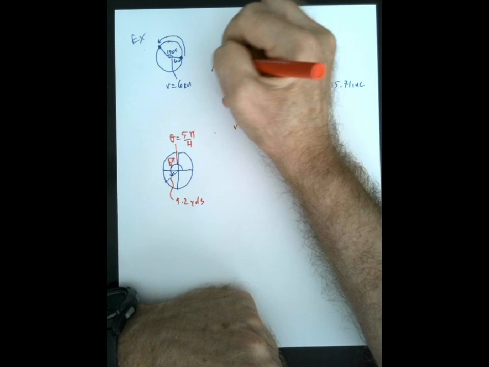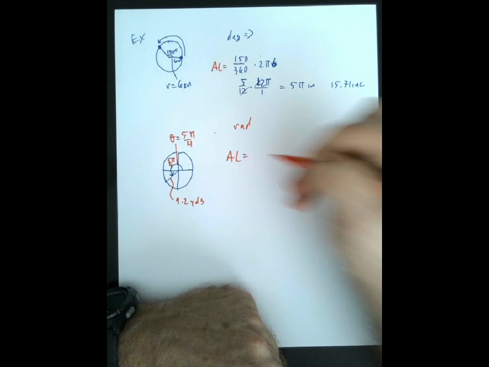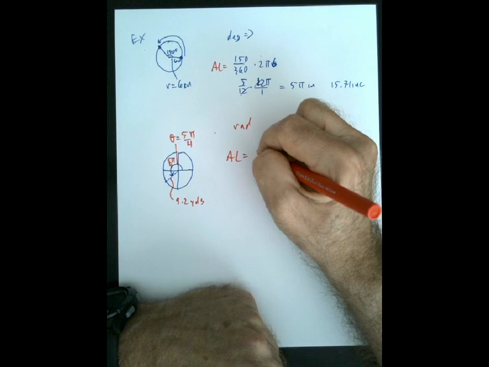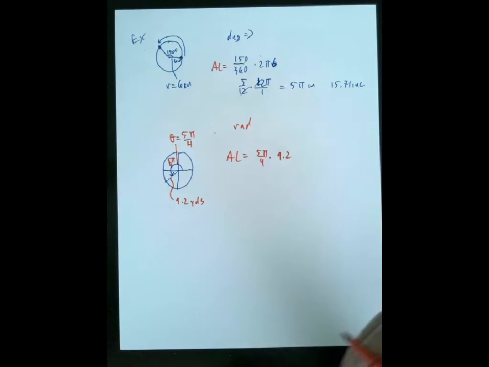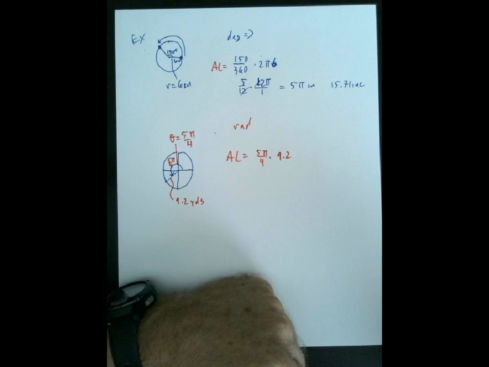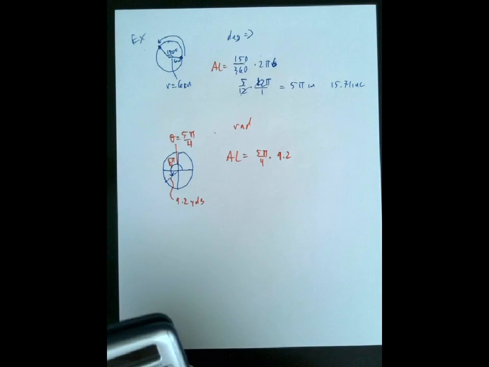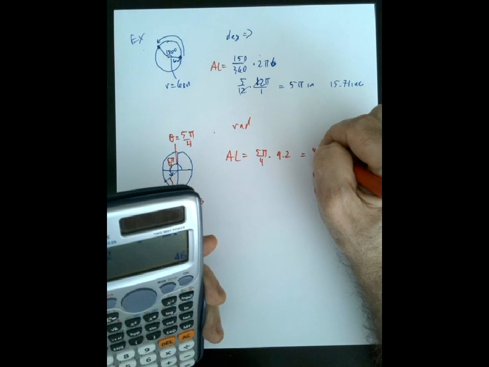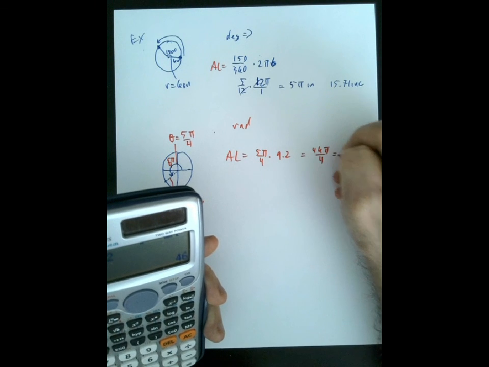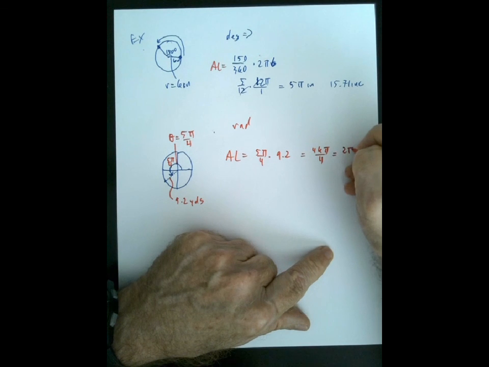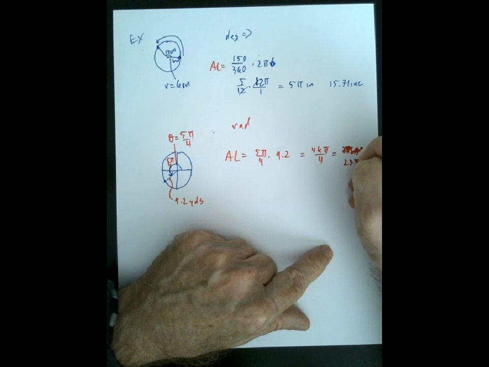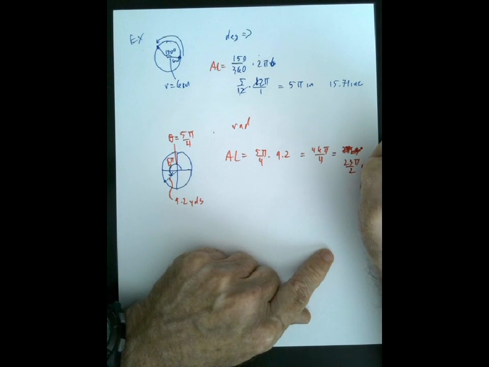Arc length is equal to 5 pi over 4 times 9.2. Nothing really cancels out there. 5 times 9.2 works out to be 46, so that's 46 pi over 4, which could be 23 pi over 2 yards.